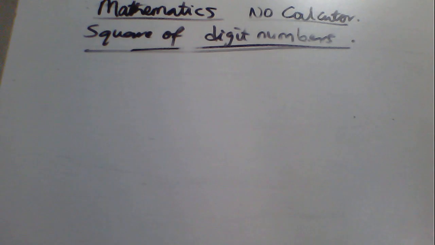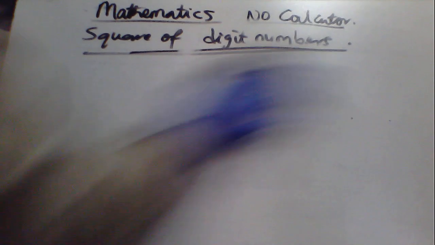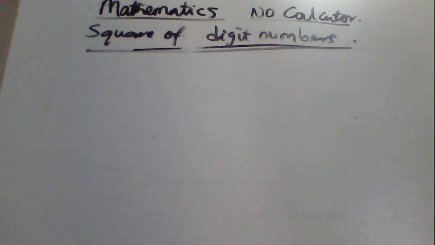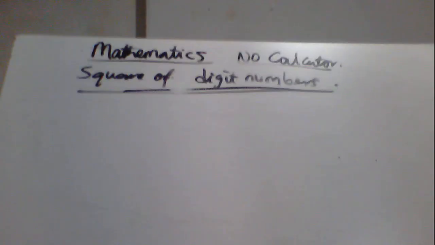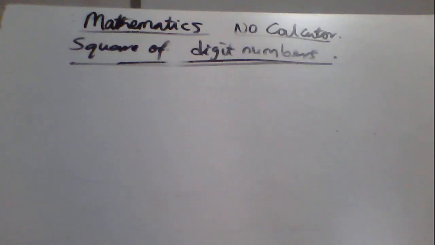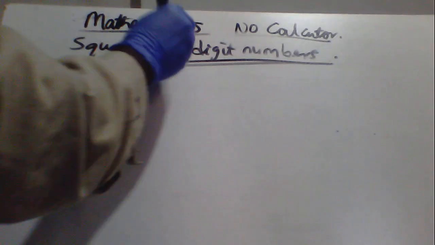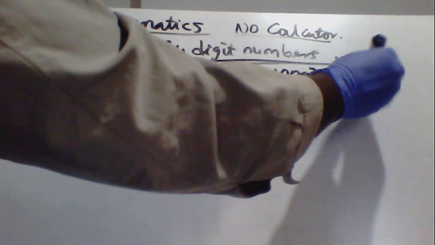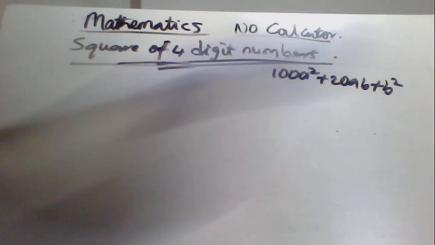Let's use this formula to find the 4-digit number. I write the formula again. 100a squared plus 20ab plus b squared.